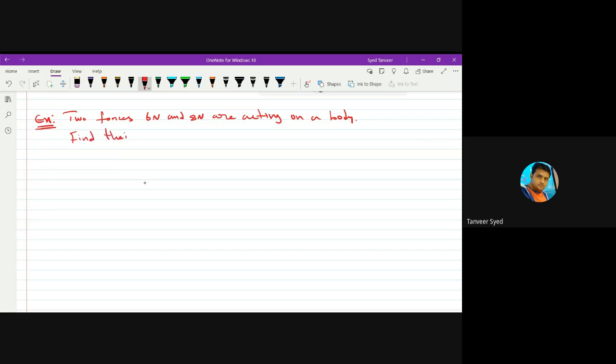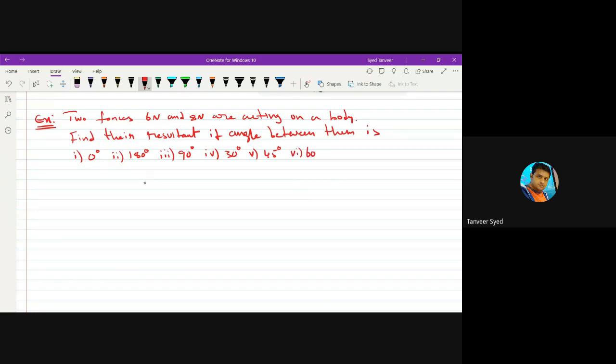Find their resultant if the angle between them is number 1, 0 degree, 180 degree, 90 degree, 30 degree, 45 degree, 60 degree, 120 degree.